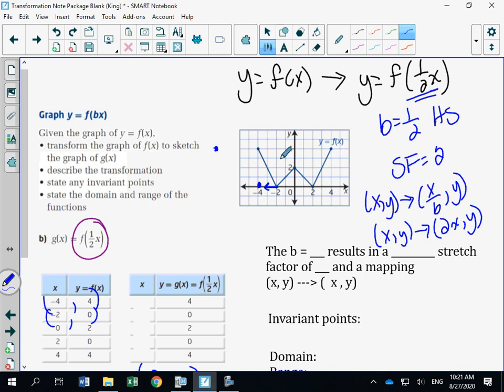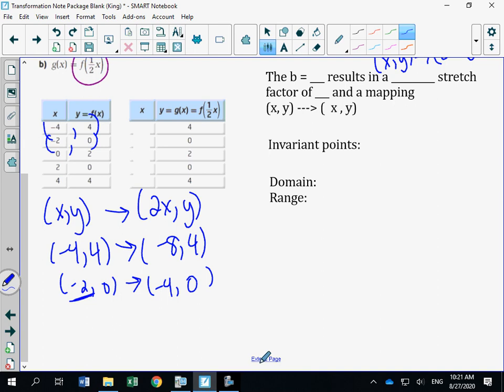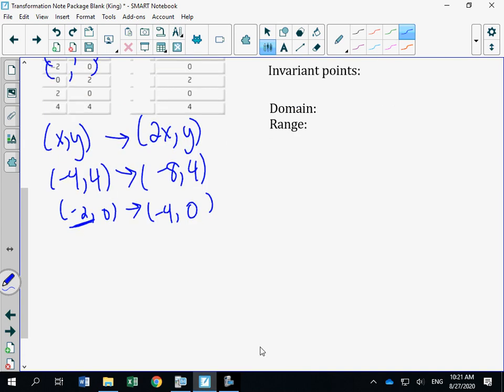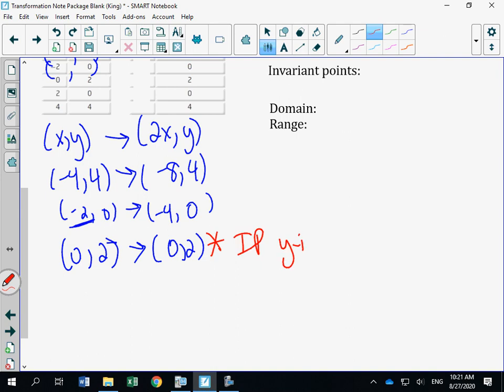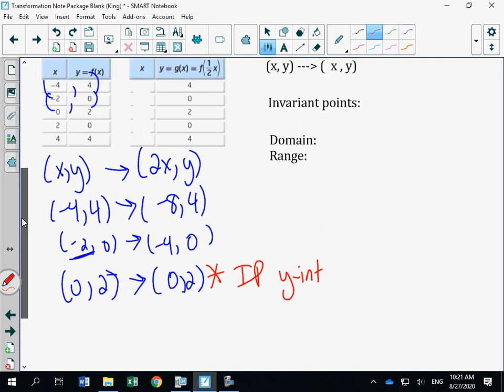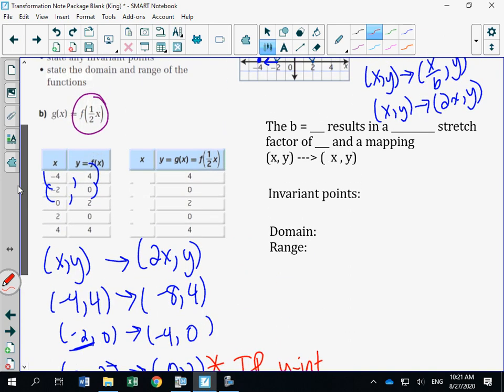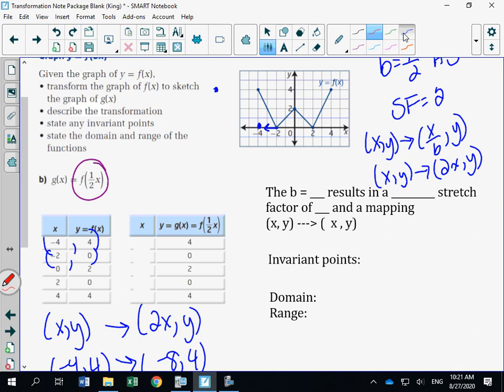Let's take this point here, which is 0, 2. And let's multiply our x coordinate by 2, and it's not going to change. So 0, 2. So invariant point, horizontal stretch does not affect your y-intercept.